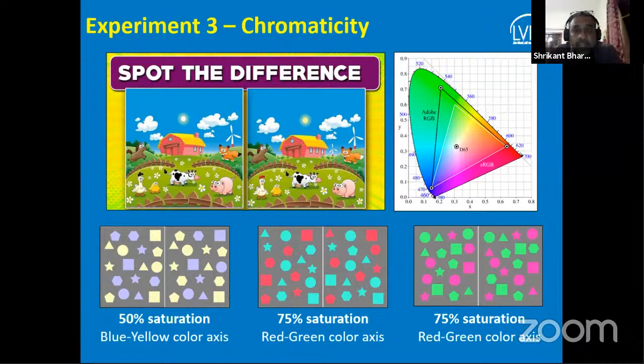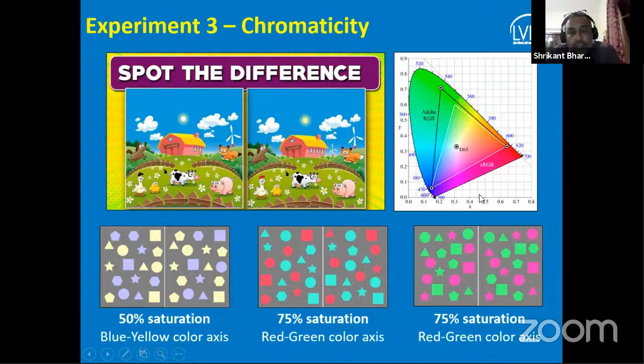And what she did was she picked 4 different saturations, 50%, 75%, 12.5%, and 5% saturation. So high saturation would be at the edges of this color diagram, and low saturation would be very close to the center of the color diagram.